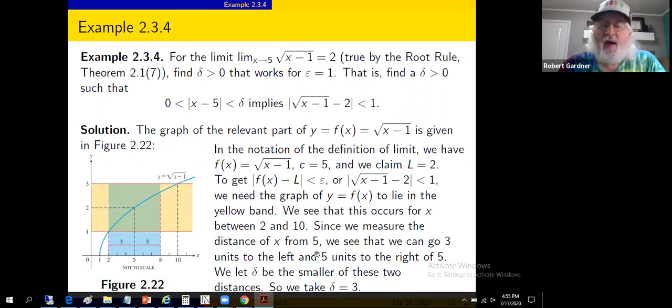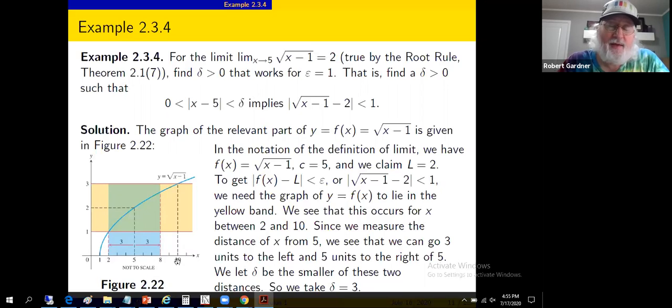So how close to 5 do you have to be? Well, on the left side, we can go as far away from 5 as 3. 5 back to 2 is a distance of 3. On the right-hand side, we can actually go 5 units over, from 5 all the way over to 10. As long as x is between 2 and 10, we're good to go.